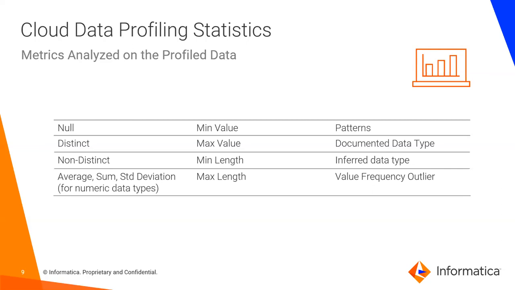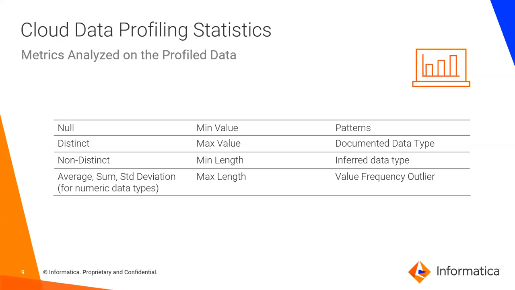For numeric data types, you will have the option to view the average, sum and standard deviation. And we also have the option to view the minimum and maximum value. So let's say for a numeric column like salary, if we would want to know what's the minimum and maximum salary, profiling would give us the result.